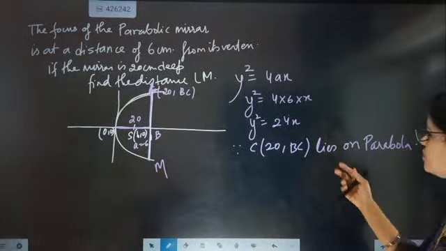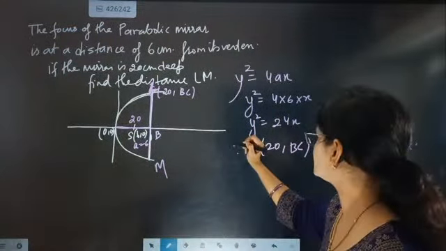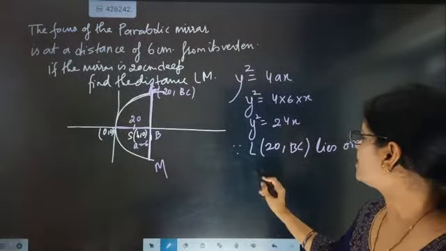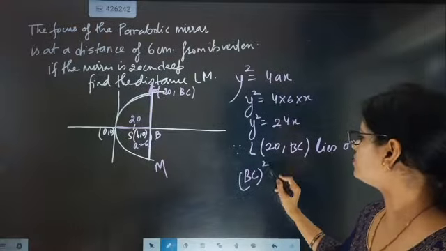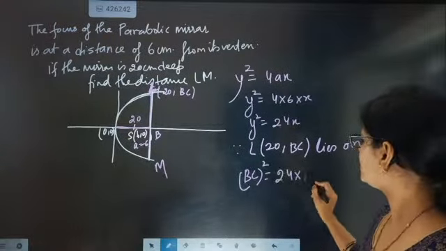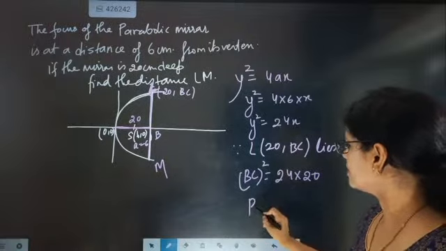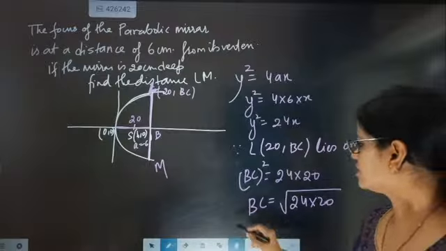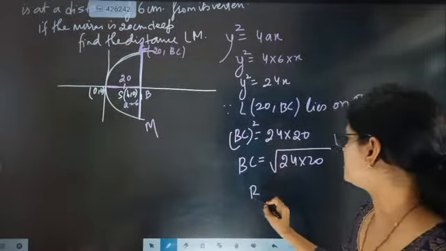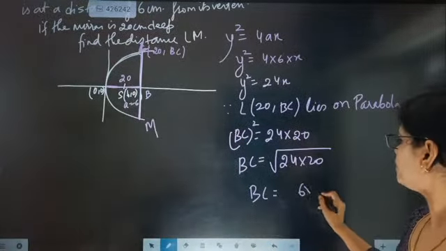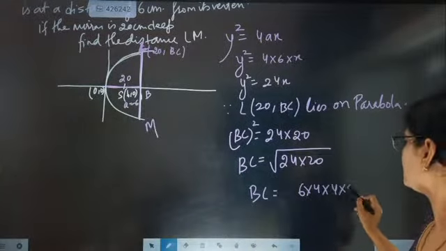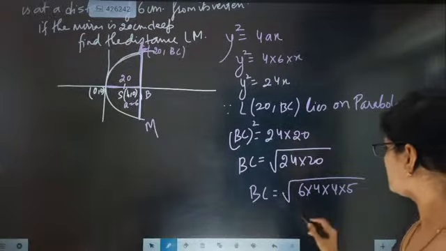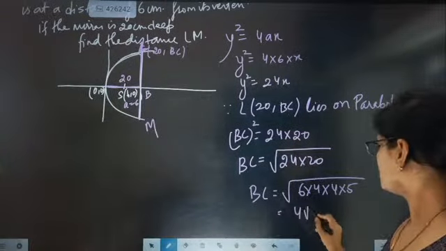So now what we have to do? Since this lies on the parabola, the y part is coming as BC. BC whole square equal to 24 into 20. So BC will be equal to root under 24 into 20. BC will be 6 into 4 into 4 into 5, so it is going to come as 4 root 30.